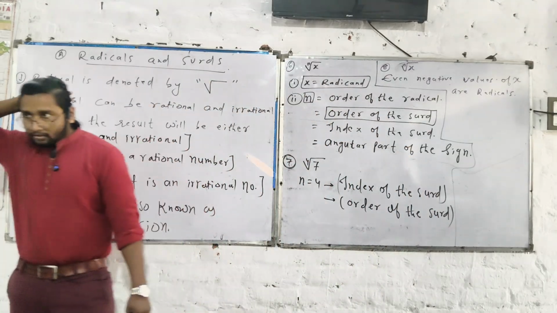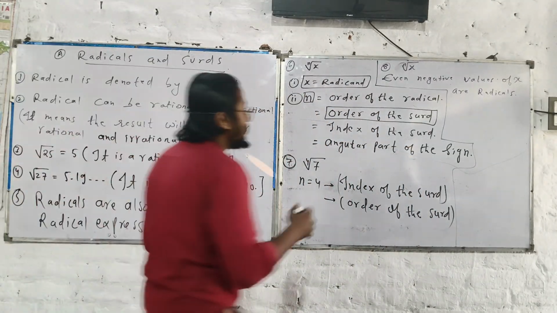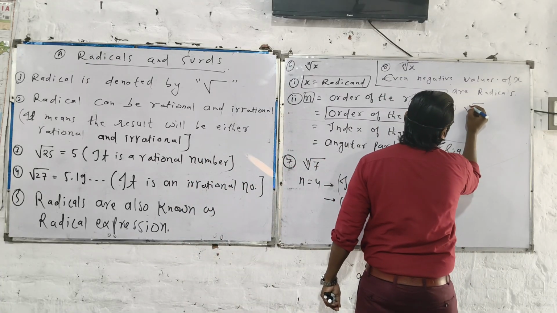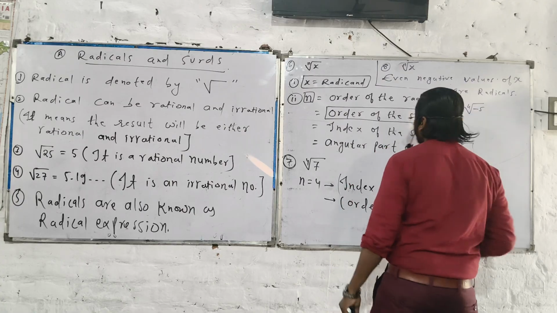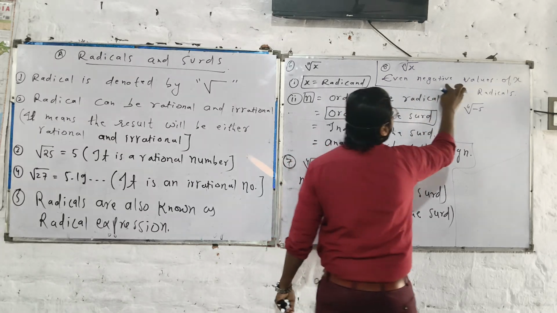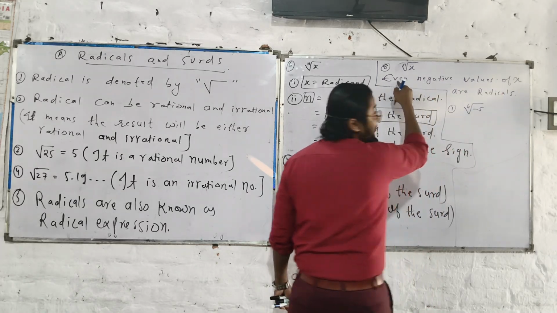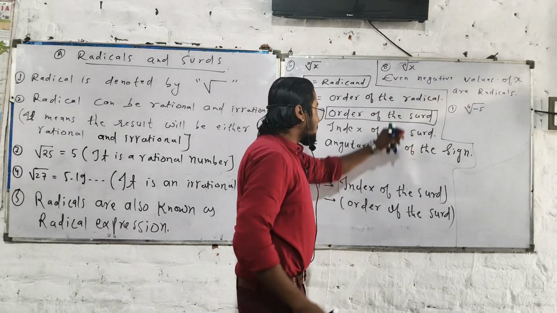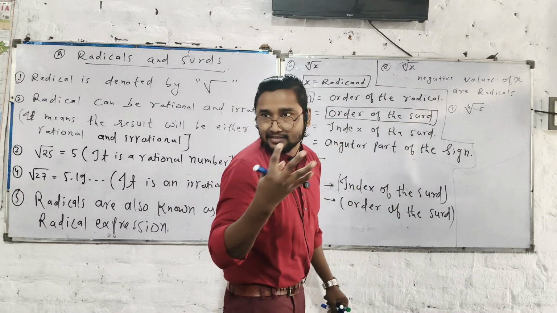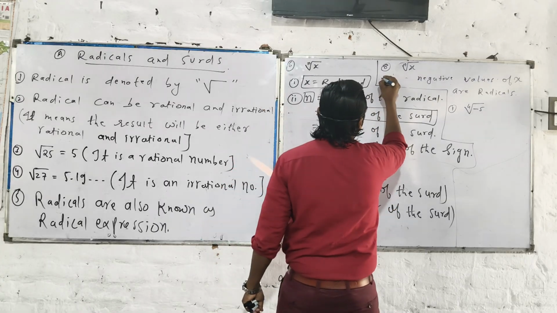What does that mean? For example, the fourth root of -5 is a radical. I'm talking about the value of x; I'm not talking about even numbers like 2, 4, 6.